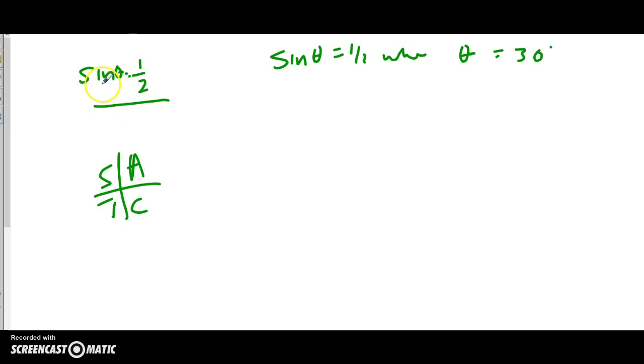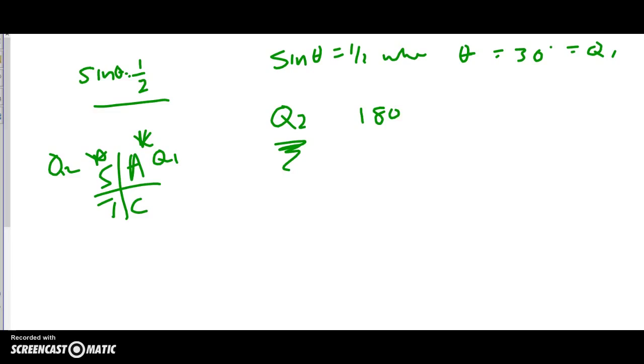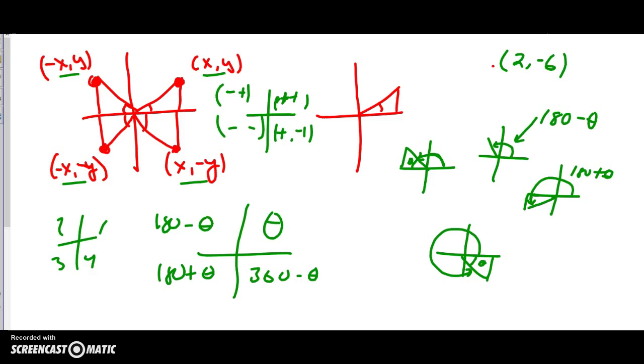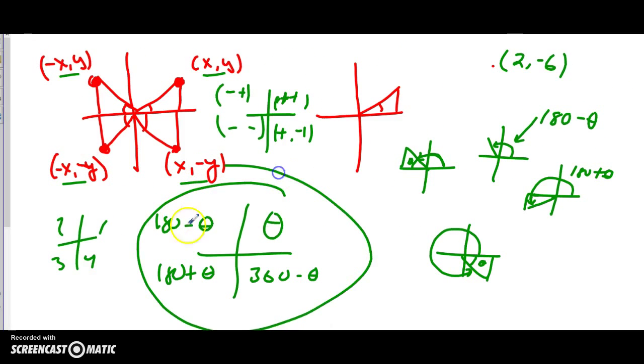But sine is positive in quadrant 1 and quadrant 2. So this 30 is in quadrant 1, and I have to figure out what my answer is in quadrant 2. It's really simple. All I do is go back to the 180 to figure out what the answer is in the other quadrant. This is quadrant 1, quadrant 2, quadrant 3, quadrant 4.